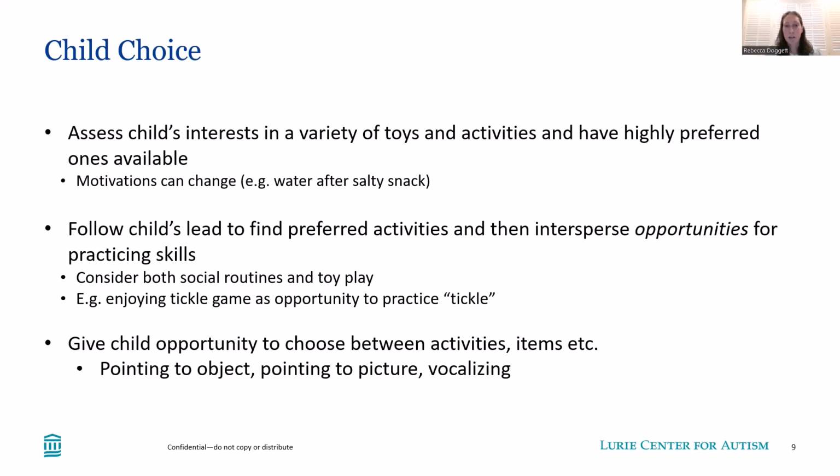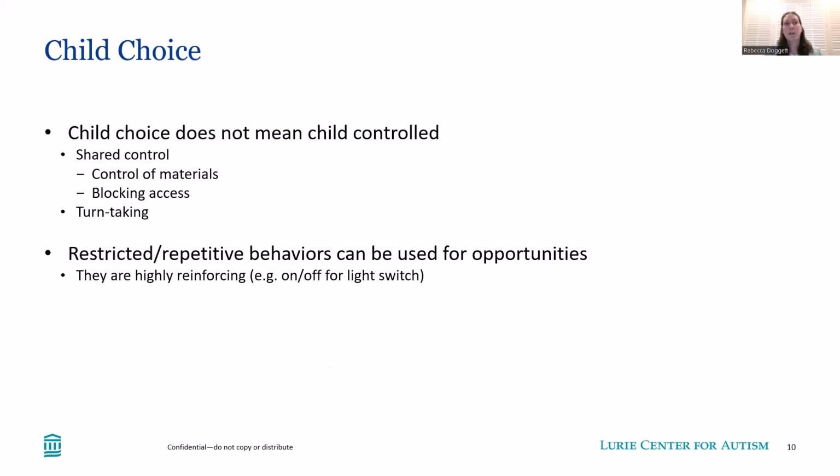Requesting is really a foundational skill, and we want to see kids develop that skill verbally or through picture communication or through pointing and gesture. So these are all really good ways to support using and developing those skills. Something to remember is that child choice doesn't mean that the child is controlling the whole situation.